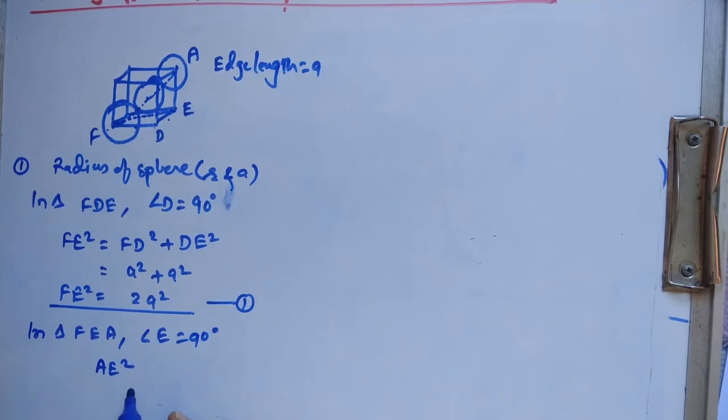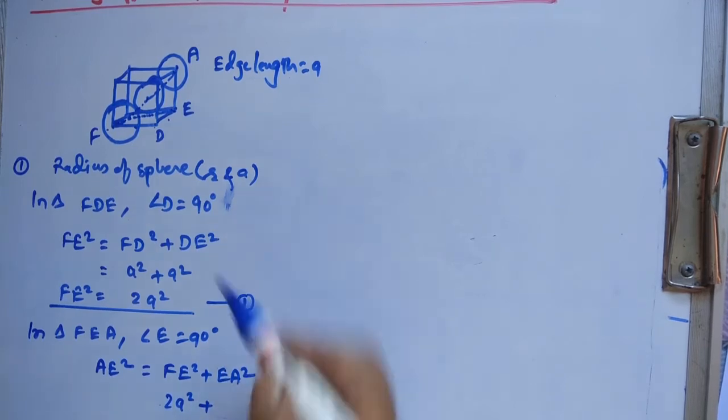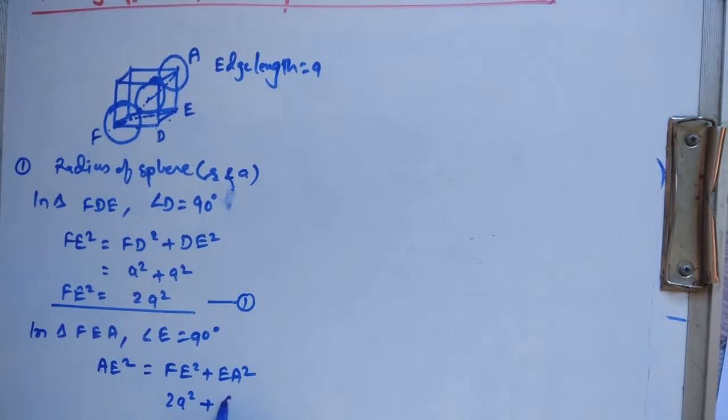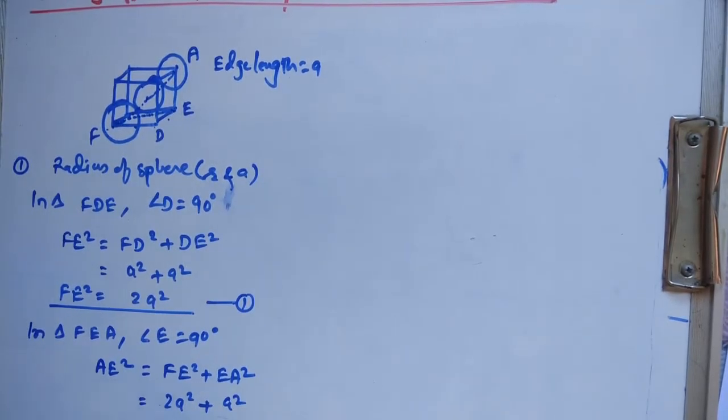FA is the hypotenuse, that is equal to FE square plus EA square. FE square we know from equation 1, FE square is equal to twice of A square, plus EA, which is again the edge length, A square. That is equal to thrice of A square. That is, AF square is equal to thrice of A square.